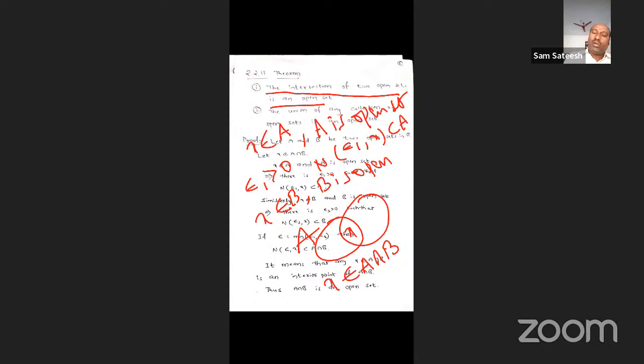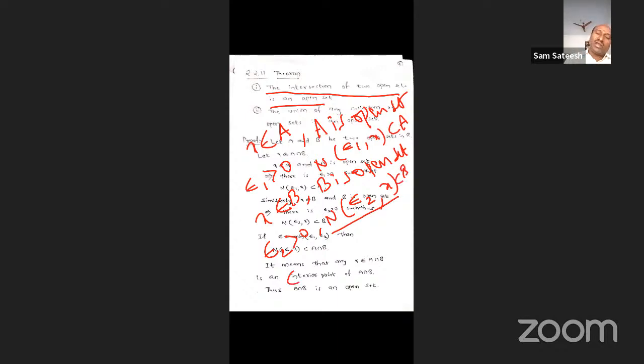Then there is another real number epsilon 2 greater than 0, and the neighborhood N(epsilon 2, x), with x between the left and right neighborhoods, is a subset of B. Now take epsilon equal to the minimum of epsilon 1 and epsilon 2.